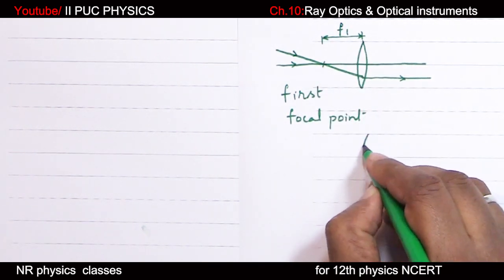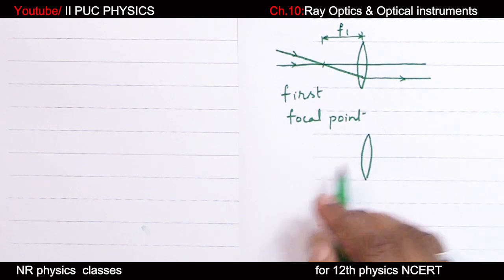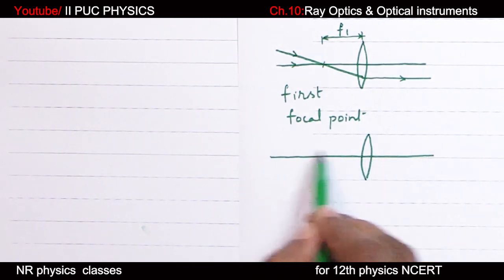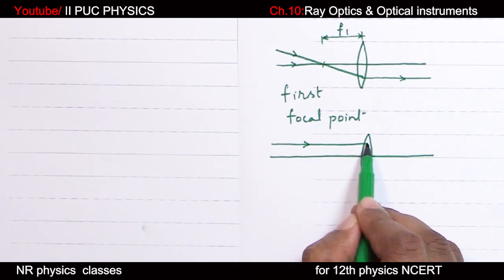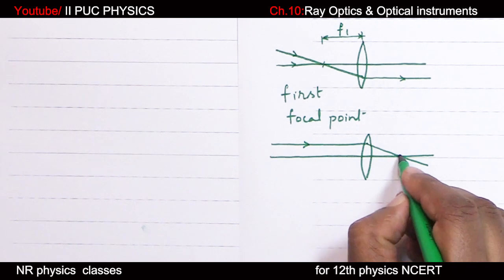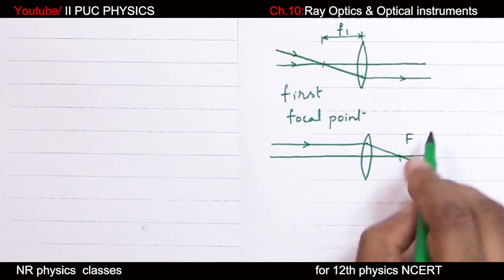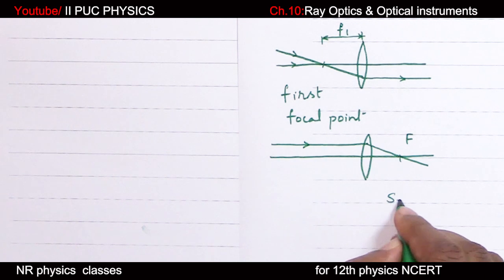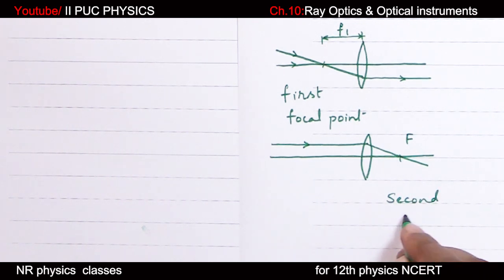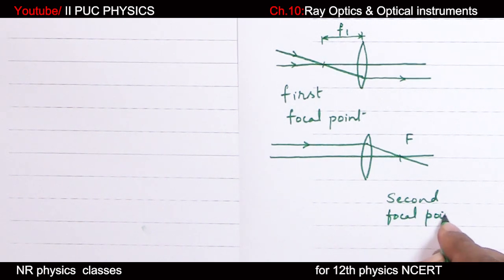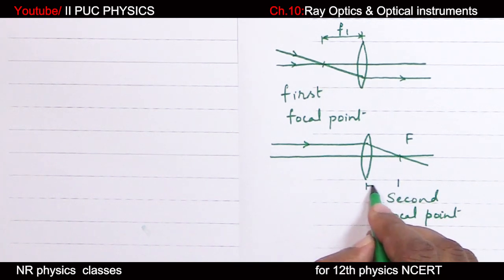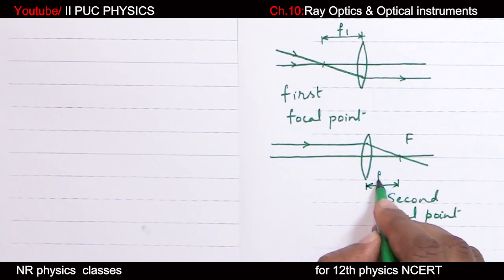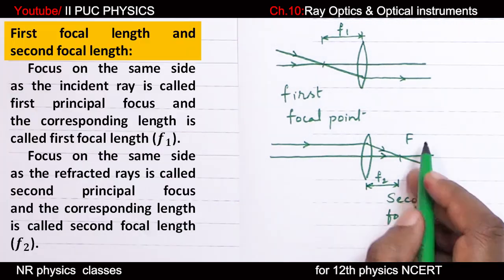Now the second case. This is a lens, principal axis, and this is the incident ray parallel to the principal axis. After refraction, it passes through a point. Then this is the second focal point or second focus, and the distance of the second focus from the principal section is the second focal length.